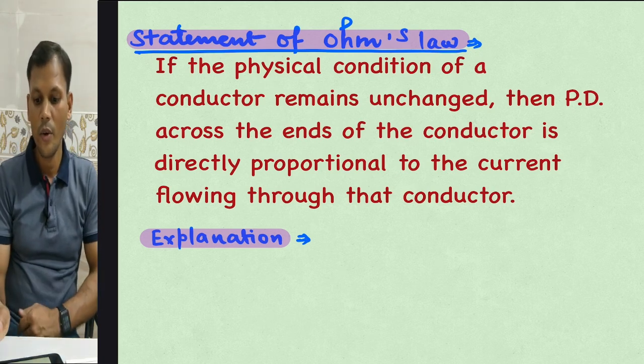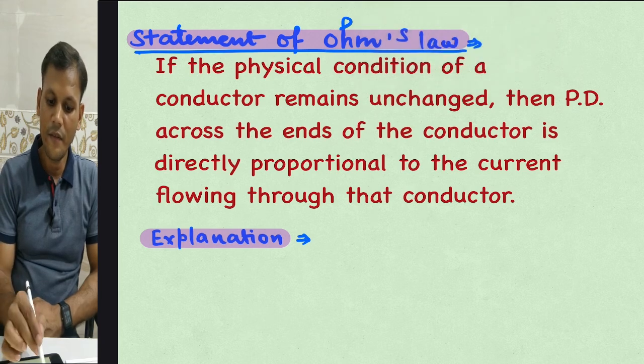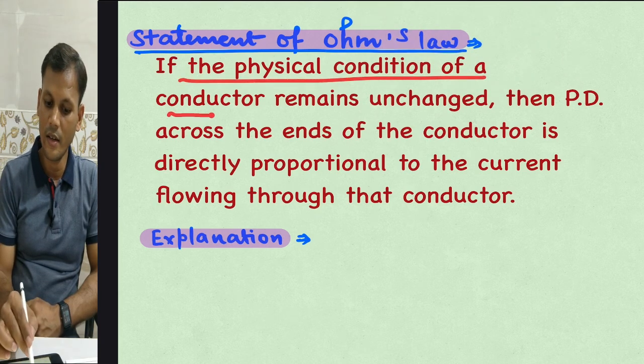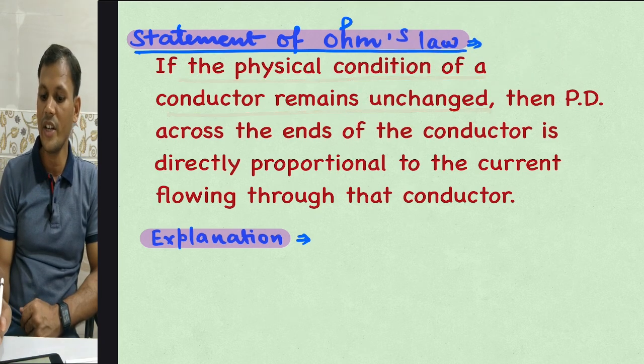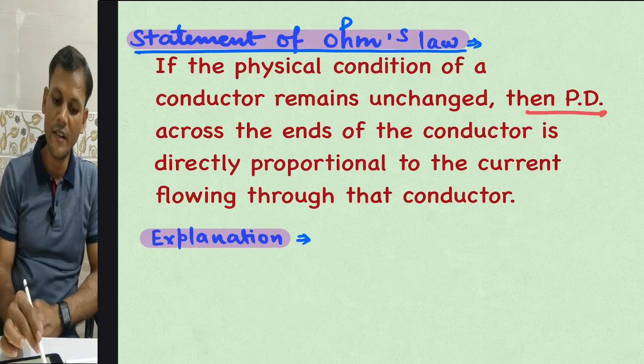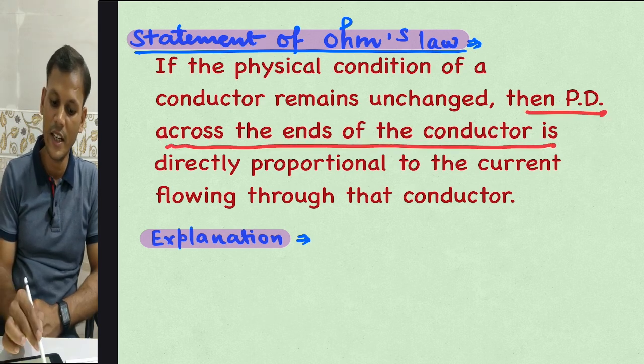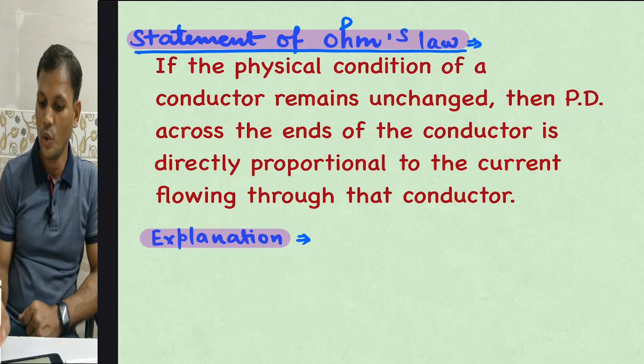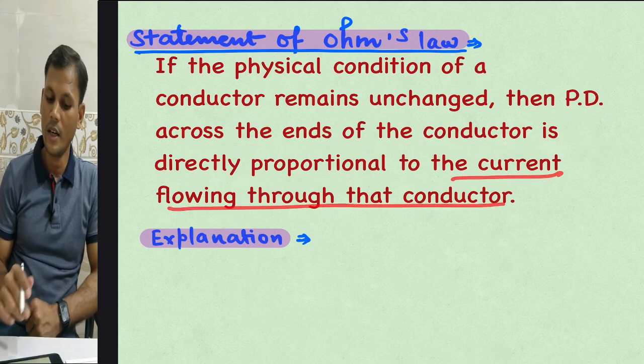So once again, what is the statement? If the physical condition of a conductor remains unchanged, then the potential difference across the ends of the conductor is directly proportional to the current flowing through the conductor.